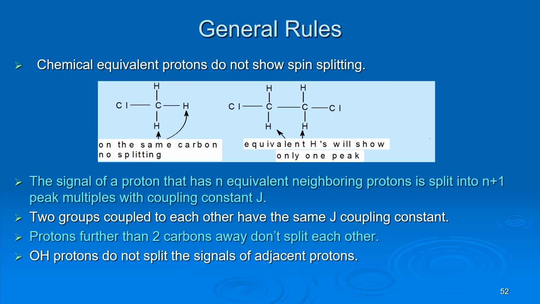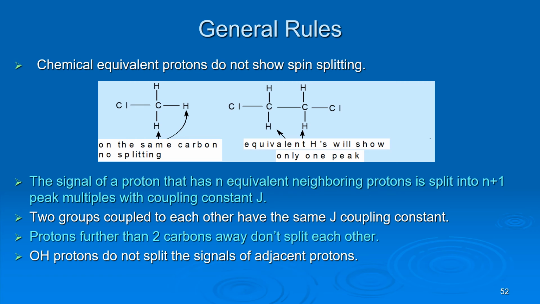So when will there be splitting? Well, if we have chemically equivalent protons, they won't split each other. If they're on the same carbon, we've already identified how you know how many peaks there will be. It's sort of similar. If you've got all the same hydrogens on the same carbon, they're all equivalent, so they're not going to split each other.